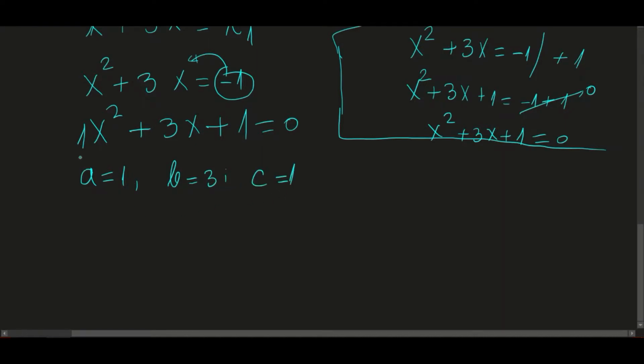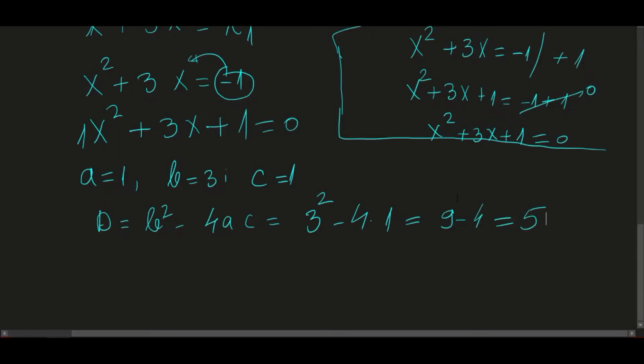Now we have b² − 4ac, b is 3 squared, 4 times 1, 3 squared is 9, minus 4 is 5.